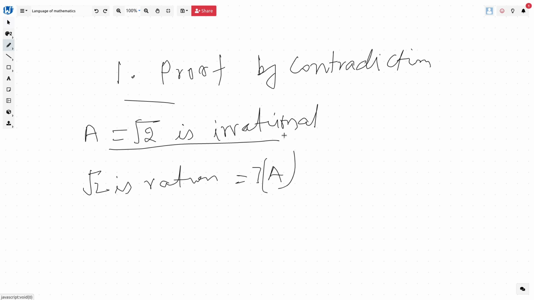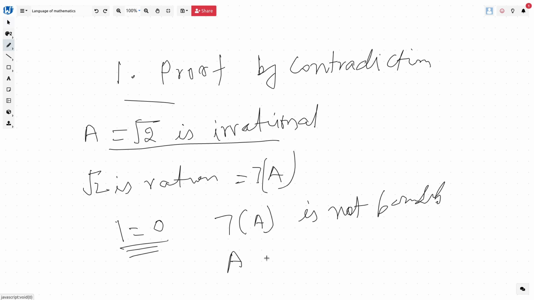Because if root 2 is not irrational, then it needs to be rational, right? Now if we reach some absurdity or contradiction that this is not possible, for example, if we reach that 1 is equal to 0, so we know that this is not possible, right? So this means that not of A is not possible, so A is true, and we prove this by this method.